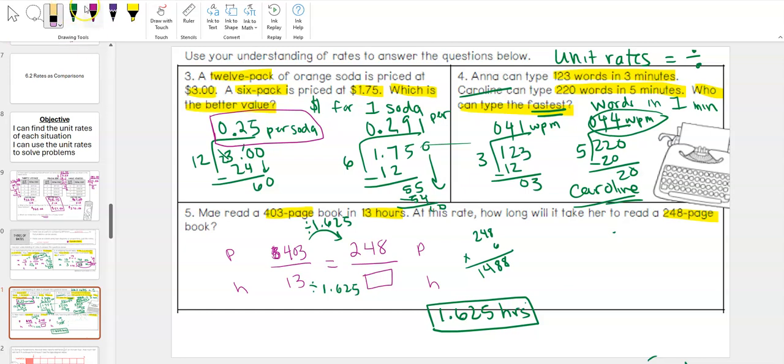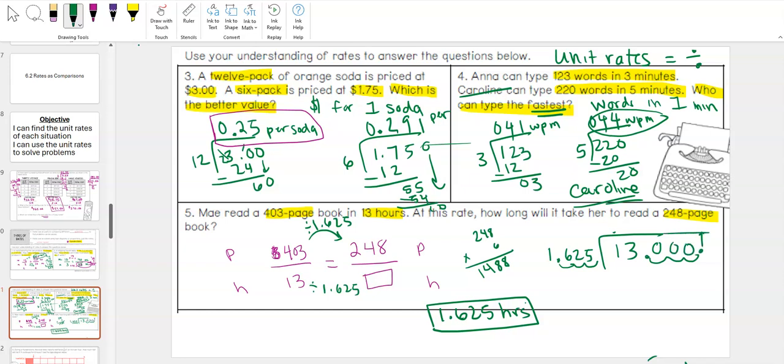And I'm going to do that. So I'm going to do 13 divided by 1.625. Now, in this problem, remember, my whole number's decimal point is here. But because I'm dividing with a decimal on the outside, I need to move this to the end. 1, 2, 3 times. So I'm going to move this decimal 1, 2, 3 and fill with zeros.